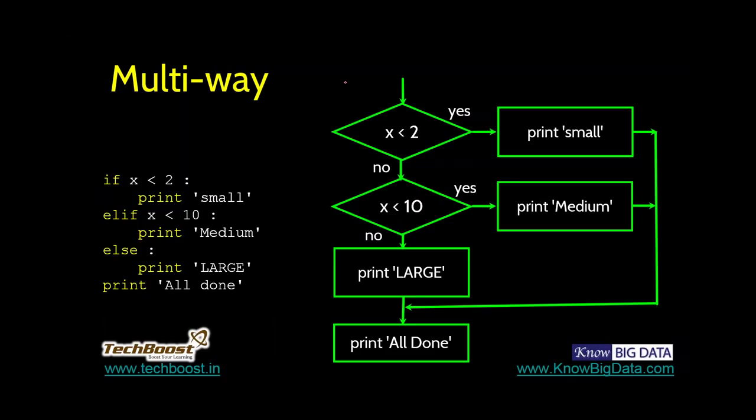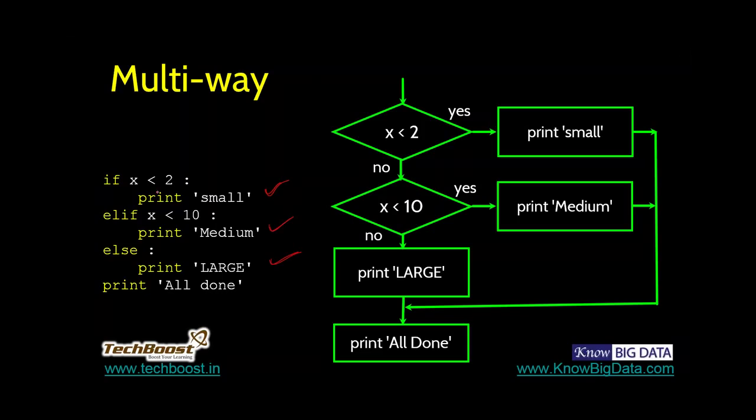But what if we have multiple ways to choose? Say a number can be small, or it can be medium also. Till now we were dealing with either a small number or a big number. Now we have to categorize a number as either a small, medium, or large number.